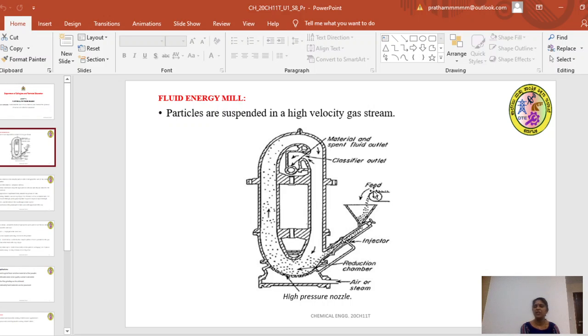These are the tips for the exam. Practicing diagrams is very important. If you practice the diagram, you can easily write the construction part, and once you know the construction, you can write the working part very neatly in the exam.